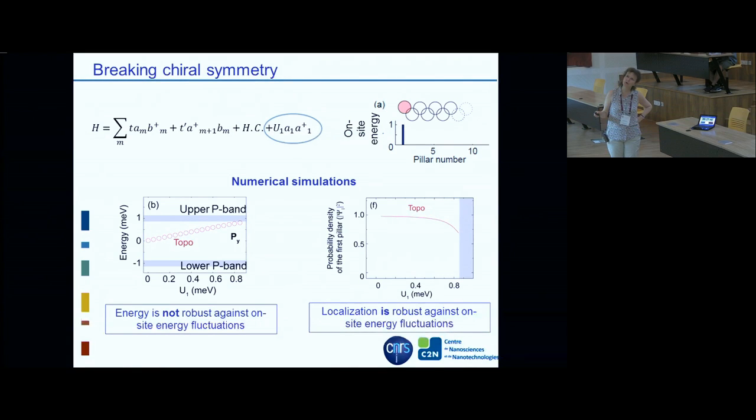So what you see is that the localization of the mode, when you do that, so the probability density on the first pillar, is actually quite robust as long as you stay quite far away from the gap. So you stay highly localized until you eventually get completely delocalized when you hybridize with the bulk mode. So there is some reminiscence of the topological robustness regarding the localization. So the states will remain localized as long as you are sufficiently deep in the gap.